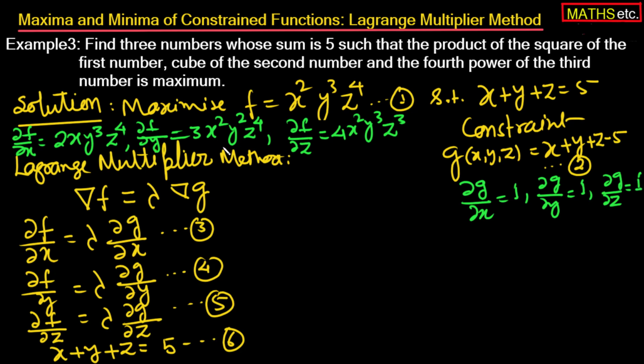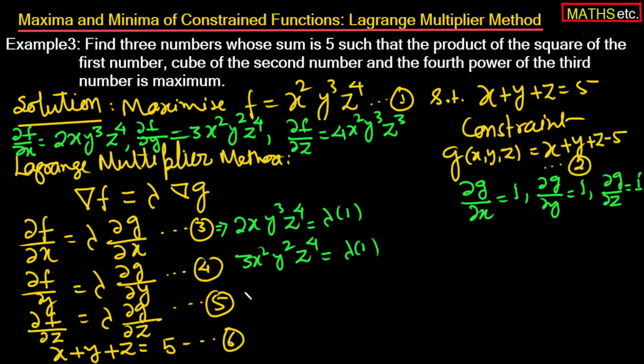So we plug in all these partial derivatives in equations number 3, 4 and 5. So 3 implies we get 2x y cube z^4 is equal to lambda times 1. We have 3x squared y squared z^4 is equal to lambda times 1.